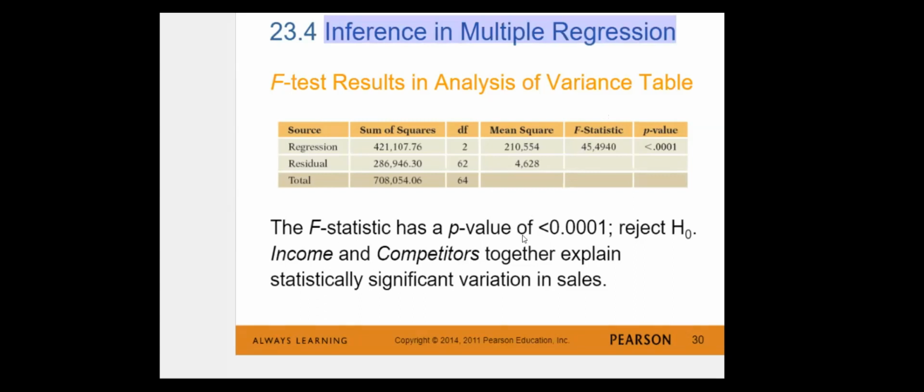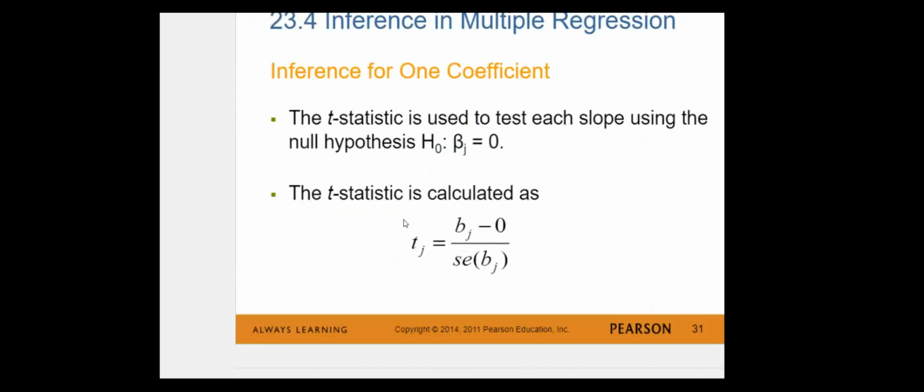Is the whole regression model reliable? Is it working? We reject H0? The answer is yes, because the p-value is less than 0.05. So when you are interpreting these results for the F test, you can always say, if the p-value is less than 0.05, the model fits the data. The multiple regression model fits the data, okay?